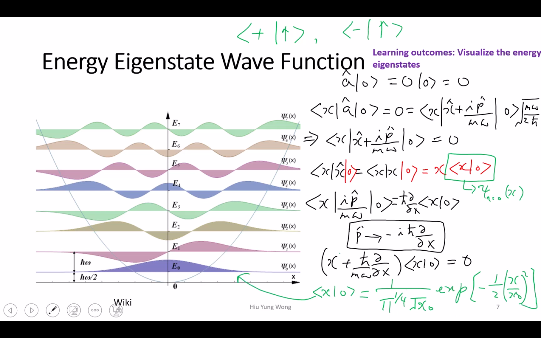You solve it, you find that it is a Gaussian pulse, a Gaussian shape. It means that at ground state, you actually have a wave function that is spread everywhere. This one shows you the potential energy, 1/2 kx squared.